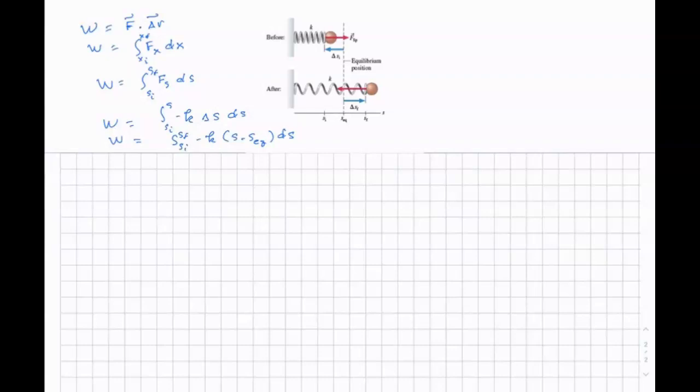The first thing we're going to do is replace this variable S minus S equilibrium with the variable u.